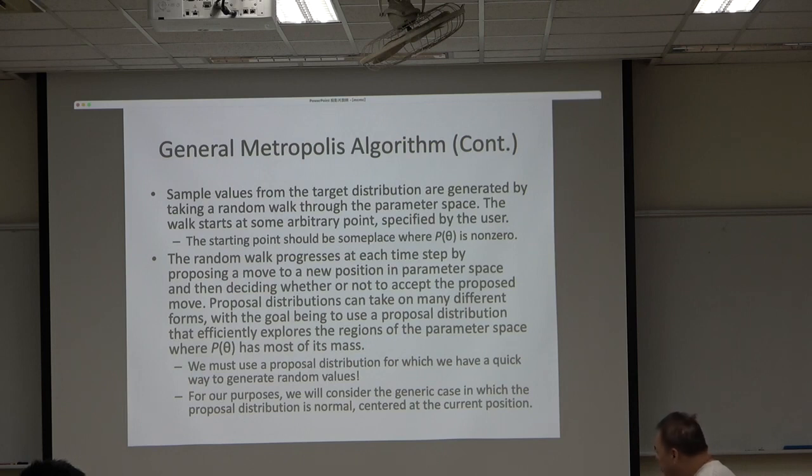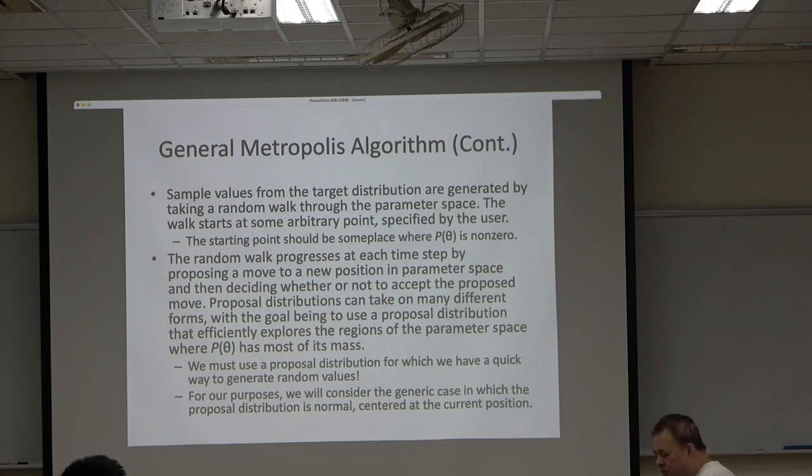But for our purposes, we can consider a generic case in which the proposal distribution is normal, centered at the current position. We know that a normal or Gaussian distribution can be generalized to high dimensions. I showed you the two-dimensional Gaussian, and the n-dimensional Gaussian is a straightforward extension of that.